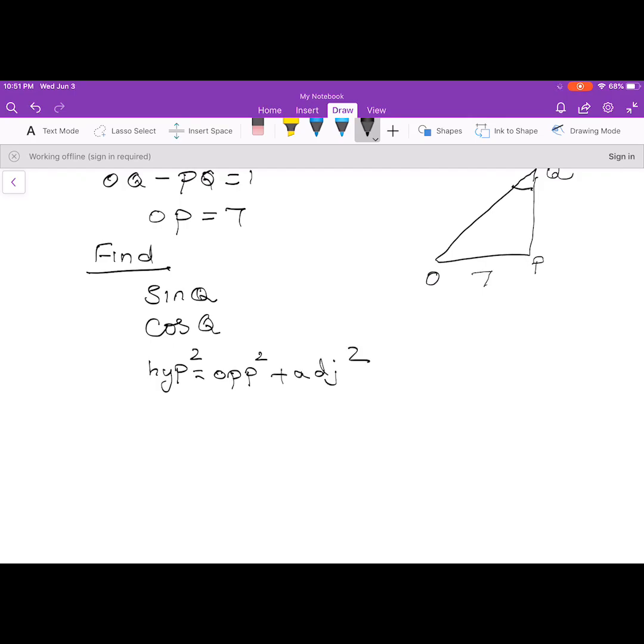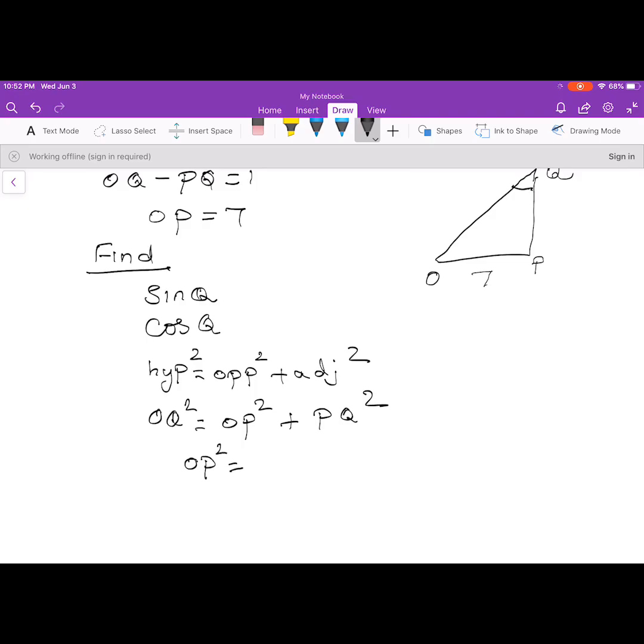Hypotenuse is nothing but OQ. OQ square is equal to opposite OP square plus adjacent PQ square. The only thing that is given is OP, so I'll write with respect to OP square.